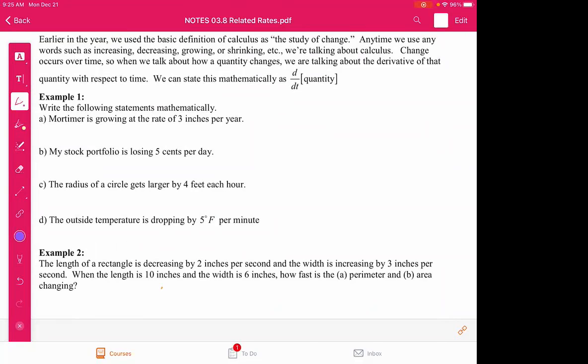So you've got letter A. Mortimer is growing at the rate of 3 inches per year. If you're going to write this, this is a rate with respect to time. You could call it anything you want. We call it dm dt.